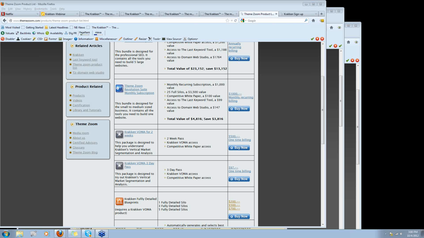Krakken's a market analysis tool, and if you want to analyze the market more before you delve into the local aspect of it, then you want to use Krakken. If you've got a niche and you pretty much understand it, say roofing, and you know everything there is to know about roofing and understand the market, then TLKT will work fine for you. Exactly. Well said. Does that make sense, Abe? I hope that answers the question.